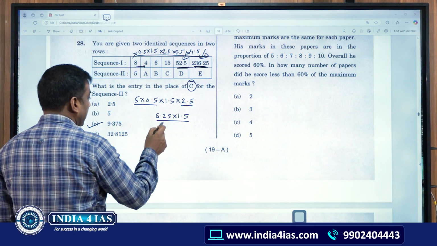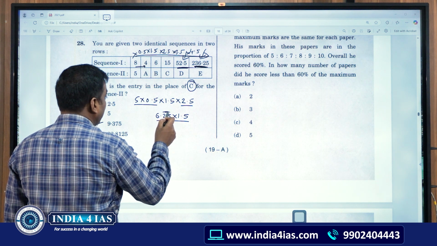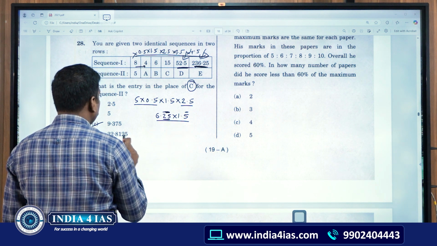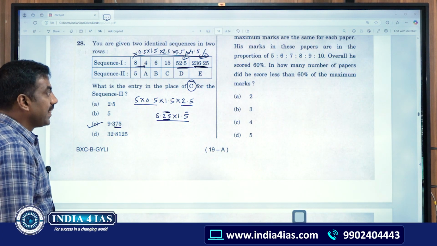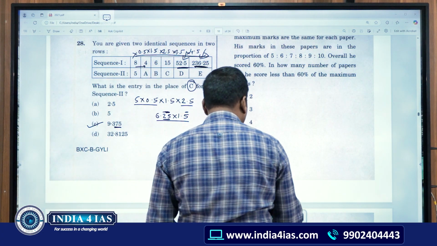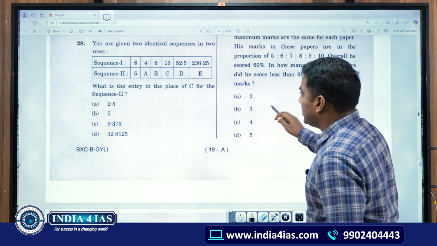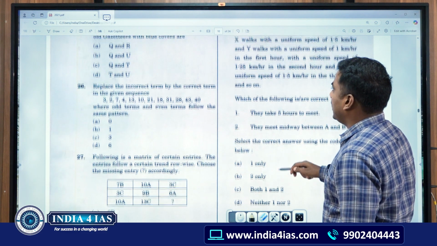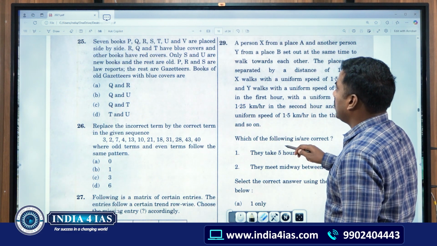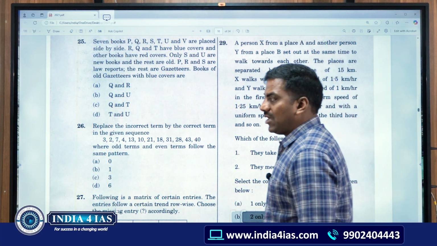One clue is here. So 2 decimal points here, 1 decimal point. So the resultant should be having 3 decimal points. So that is the answer. So here the clue is what? Basically the sequence is a geometric progression and it is going with multiplication of a decimal.